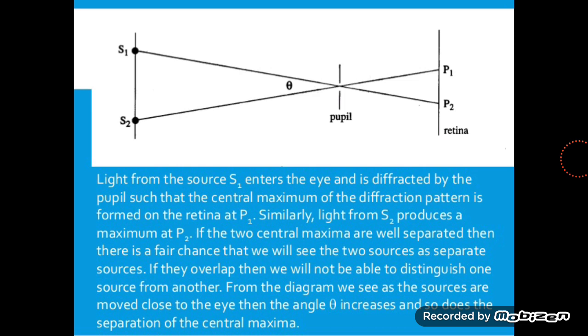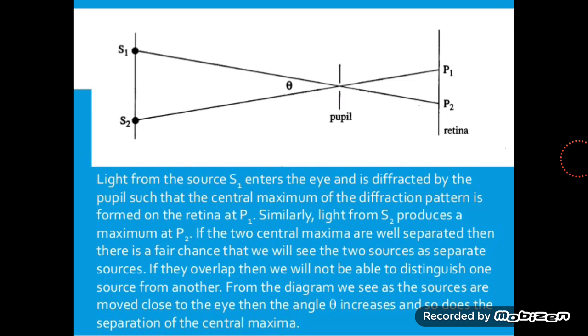If the two central maxima are well separated, then there is a fair chance that we will see the two sources as separate sources. If they overlap, then we will not be able to distinguish one source from the other.